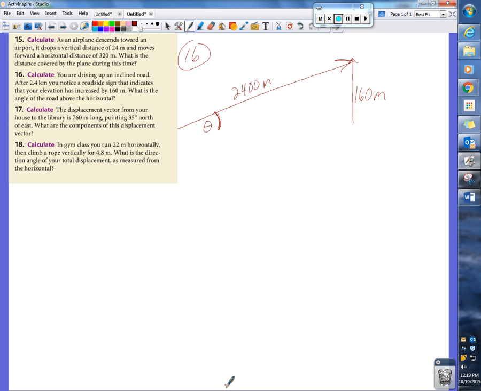Well, if we want to use tangent, we would need the adjacent side, and we weren't given that. We could find it if we really wanted to. We'd want to use sine, since we have the opposite side and the hypotenuse over here. So sine of theta is equal to the opposite over the hypotenuse. So theta is going to be equal to the inverse sine.